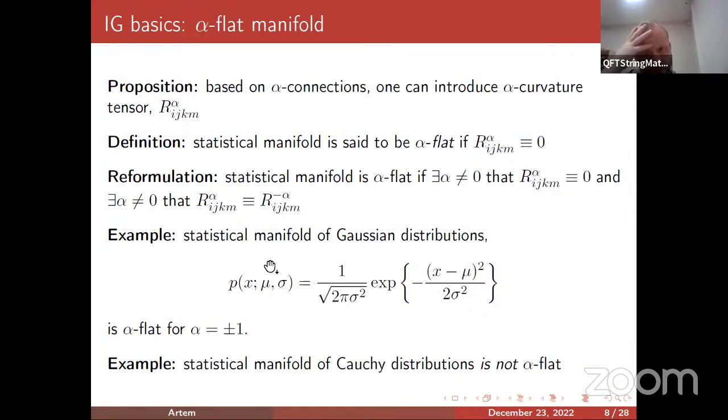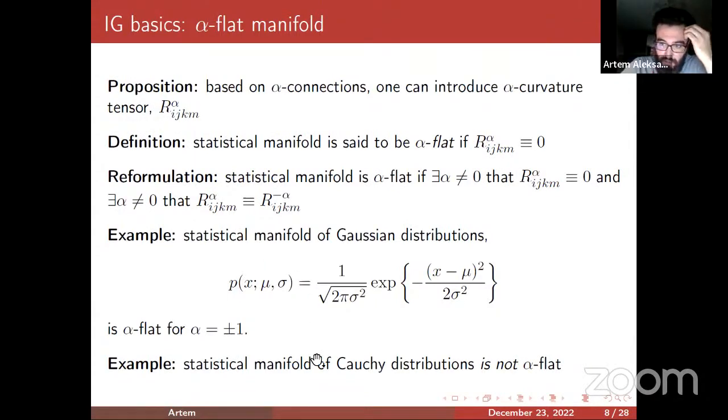In two dimensions, any torsion is trivial in a sense, but AdS is not flat. Yes, it is a feature of statistical manifolds. For Gaussian distribution we can say that the manifold is alpha flat, but for Cauchy distribution it is not true.